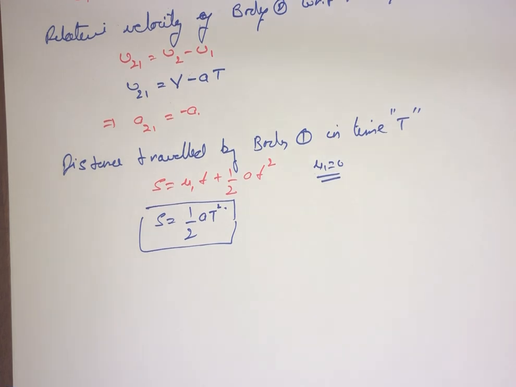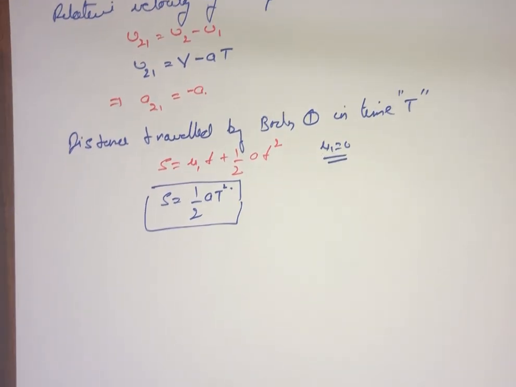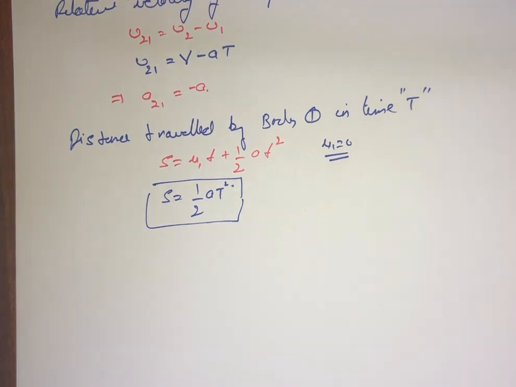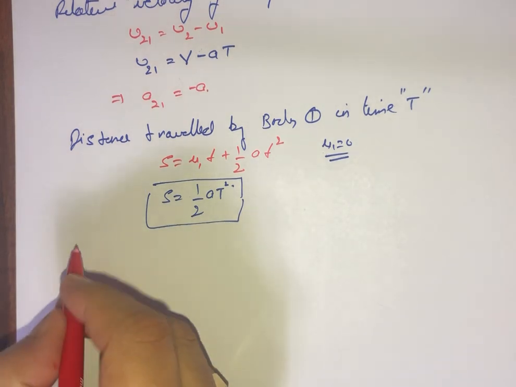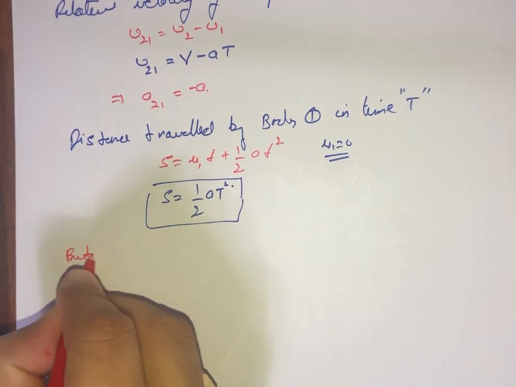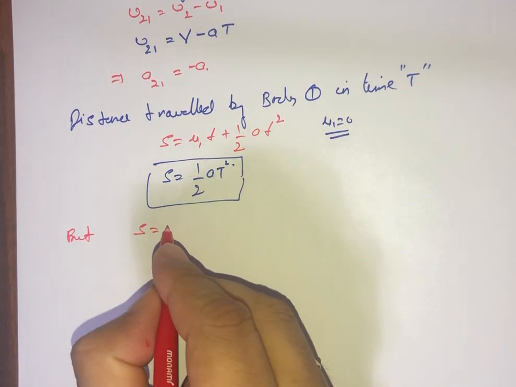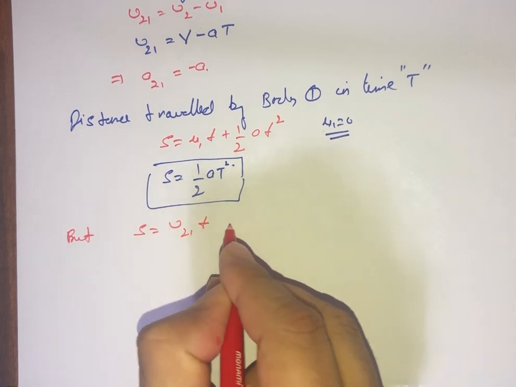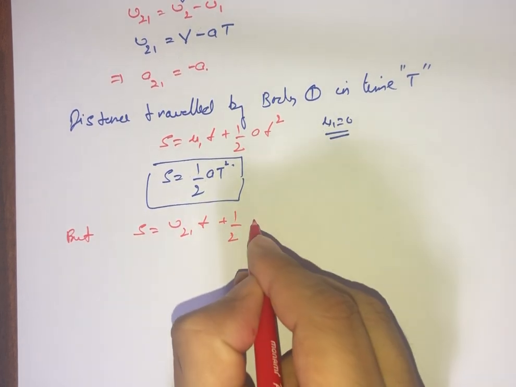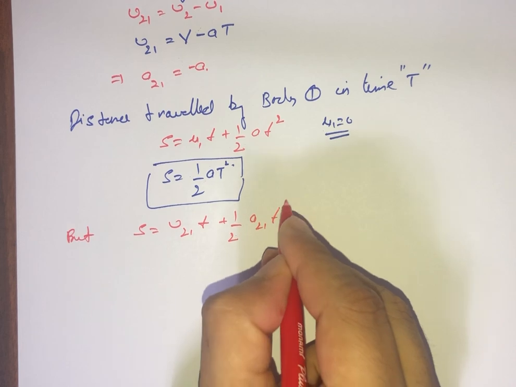But we can also write this distance S as v21 into t plus half a21 into t square.